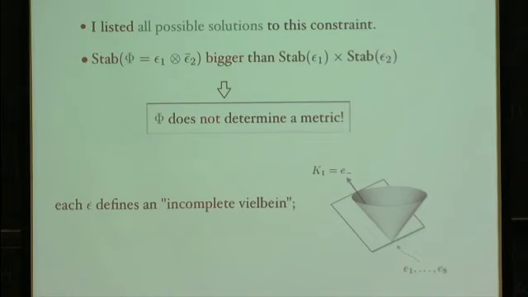A null vector also defines an orthogonal space, which is 9-dimensional, but it contains K also. So basically, epsilon 1 only says stuff about 9 out of 10 directions.